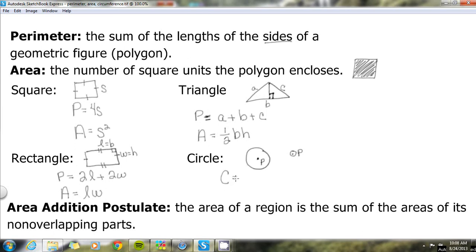To find the circumference, we need to know either the radius, remember the radius is from the center to a point on the circle, or if we had the diameter. Let's mark this as the radius first. Or we could have the diameter.